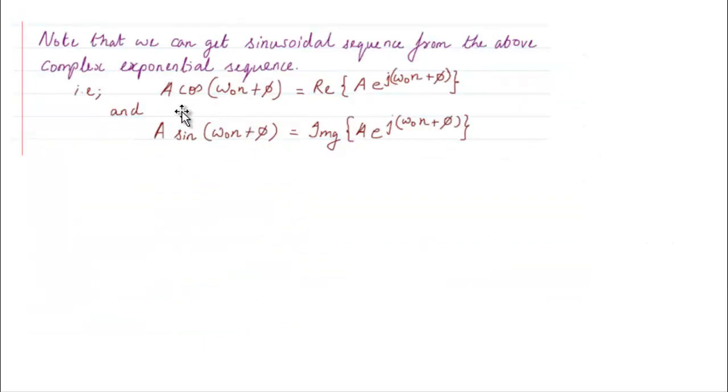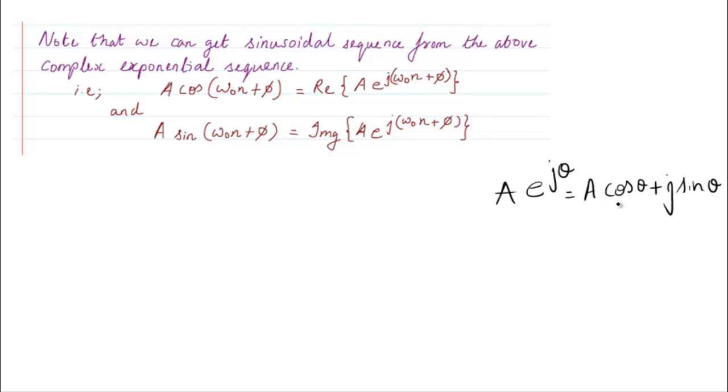If you are having a cos, you can write it as the real part of a e raised to power j omega naught n plus phi, because I told you that e raised to power j theta can be written as cos theta plus j sin theta.